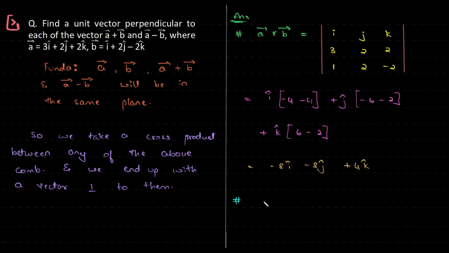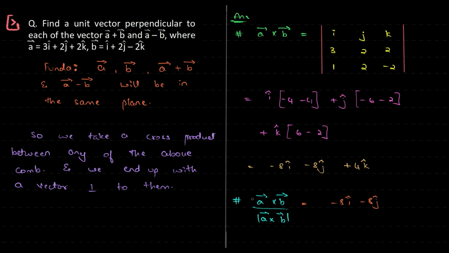So what should we do? If we find the magnitude of this result, we are done with the answer. So this is nothing but minus 8 i cap minus 8 j cap plus 4 k cap.